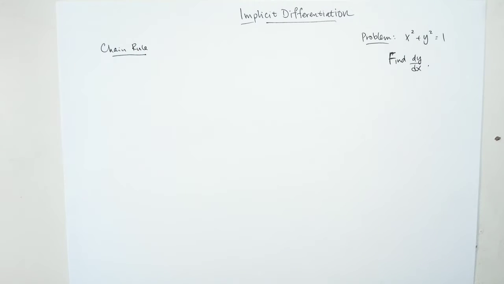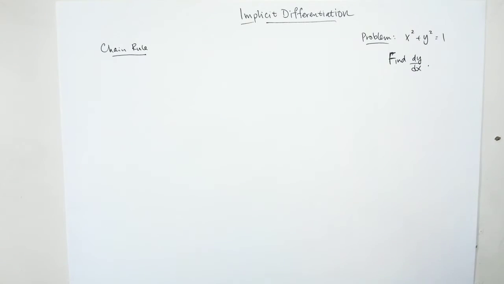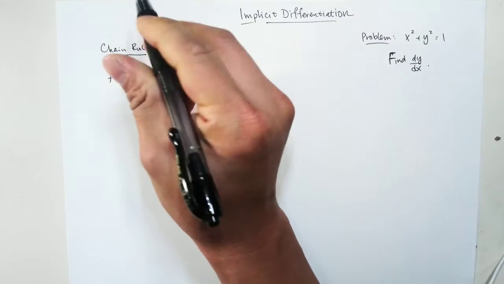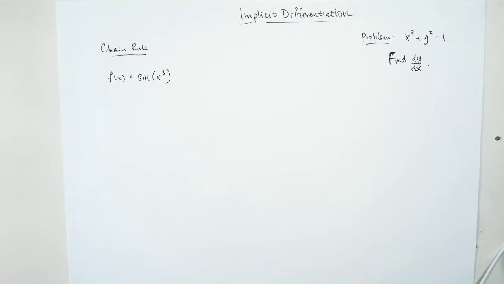Okay, what is chain rule? A chain rule is when you try to differentiate a function and it turns out that it's a function within a function, and you will have to do a chain rule. So let me give an example, such as, let's say f of x is equal to sine of x cubed, okay?